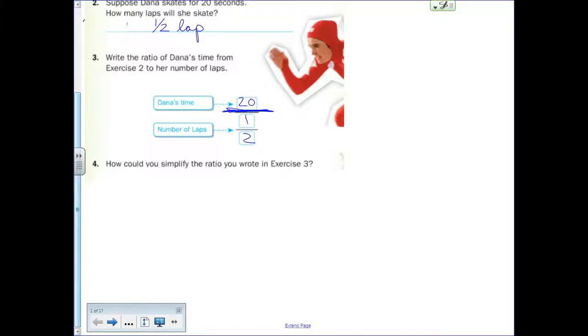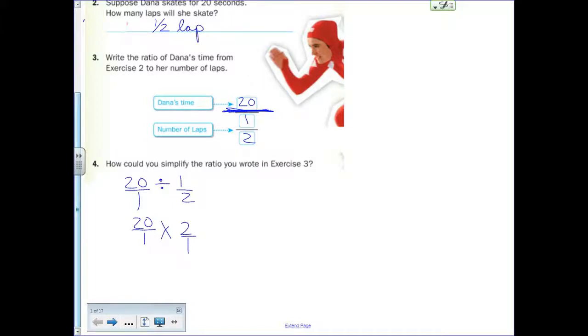If you can recall from chapter 4, when you take a whole number and then divide it by a fraction, you would put the whole number over 1, then you would keep, change division to multiplication, and then flip 1 over 2 to 2 over 1, which is called its reciprocal.